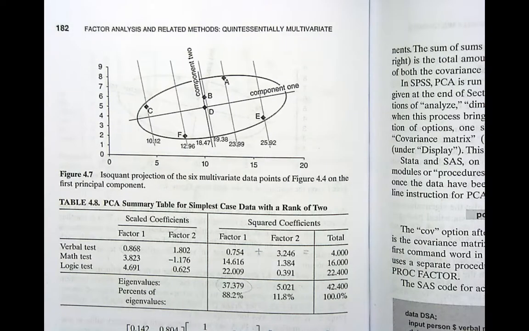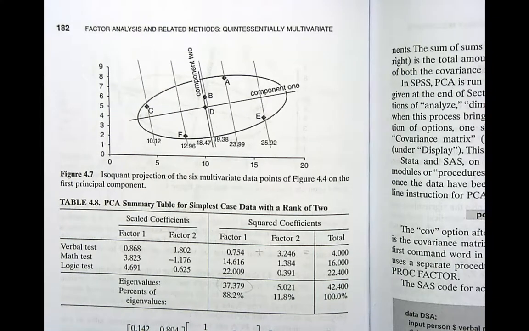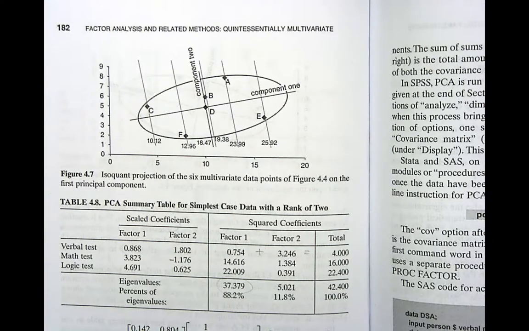Now, to obtain the percents of eigenvalues, the eigenvalues are divided by the trace of the S matrix, the covariance matrix, or the sum of all the variance units, which is equal to 42.4.